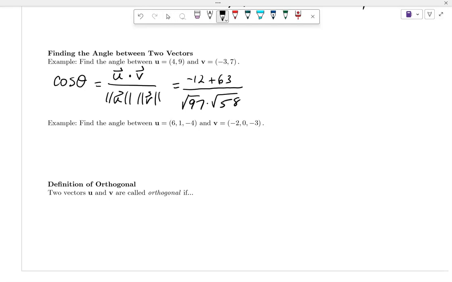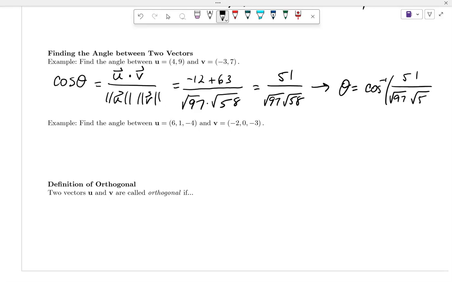And that is a product of those two things. So we've got 51 over the product of those two things. So I wouldn't expect you to simplify that. So if I want to figure out what the angle is, what would you do? Inverse cosine. Good. Whatever that number turns out to be.